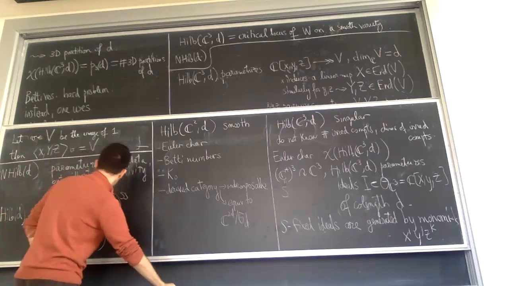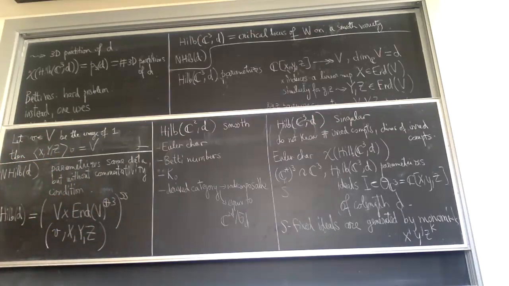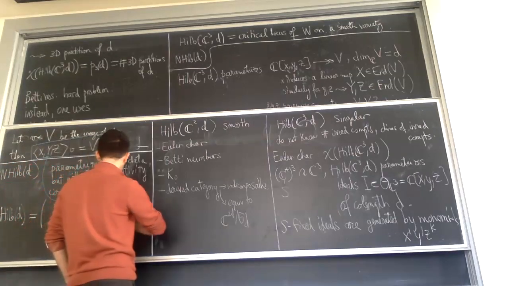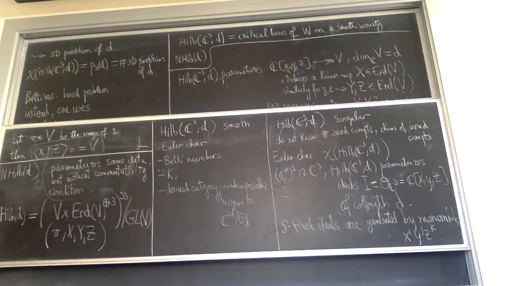So this open space can be given as semi-stable points with respect to the determinant linearization, and it corresponds to this condition, that v generates the full vector space V under the action of X, Y, and Z. And then we quotient by the action of GL(V), just by conjugation.